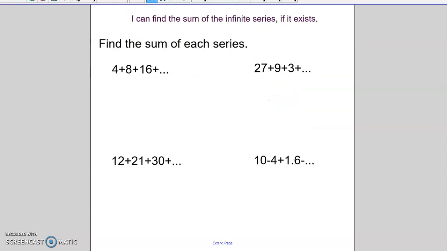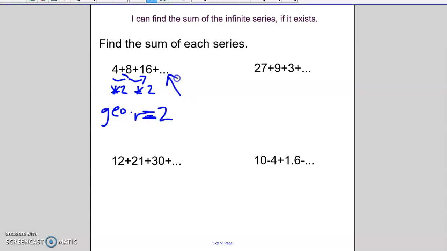Okay, so let's do some examples now. Find the sum of some series here. So 4 plus 8 plus 16. This looks like a geometric series, multiplying by 2 every time. So it's geometric, and my r value is equal to 2.